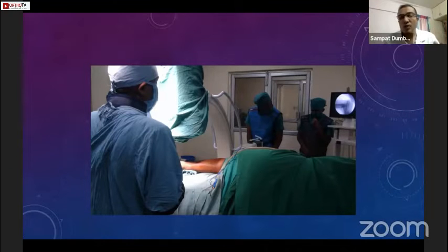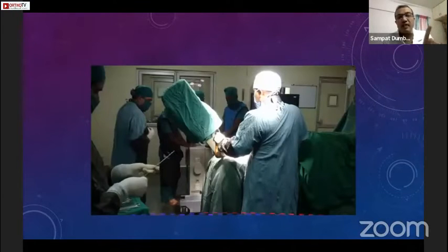Now what I am going to do, I am going to externally rotate the patient's leg, and simultaneously I am going to pull the patient towards me, so that the foot is looking absolutely towards the ceiling. See this. The foot is absolutely looking towards the ceiling, and this tube is going to make an angle of 20, 30, and 40 to see the axial view.